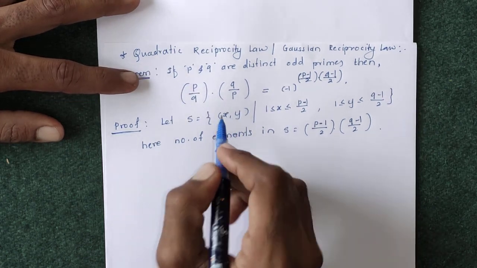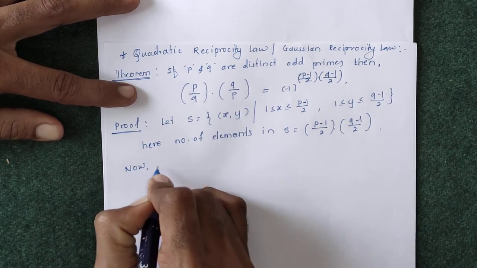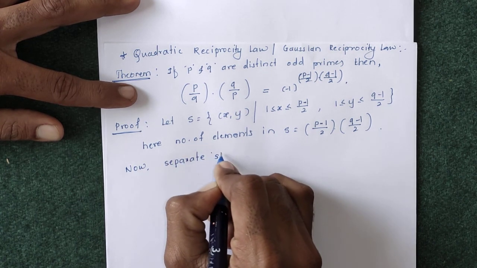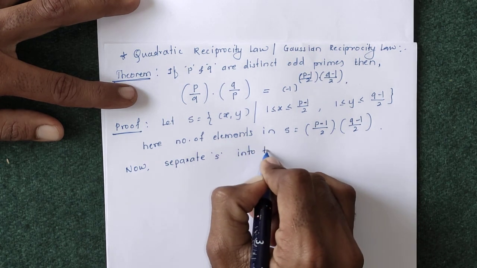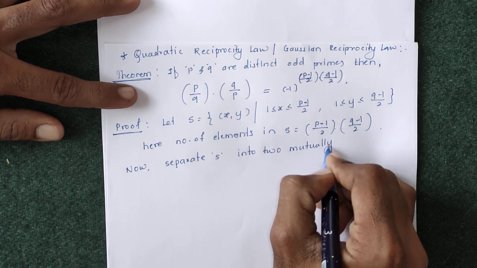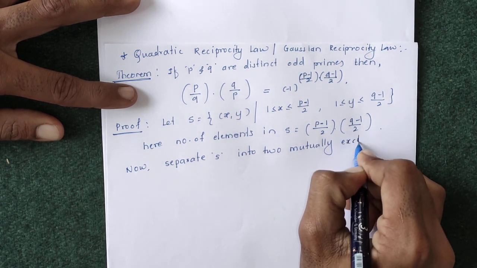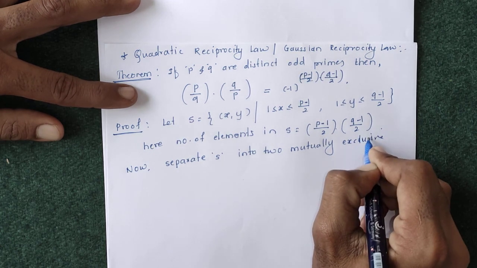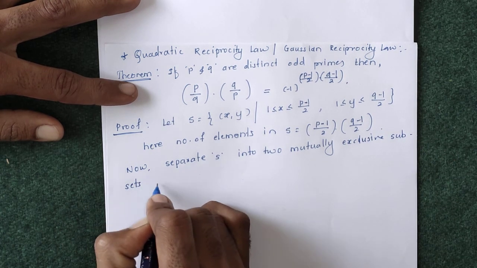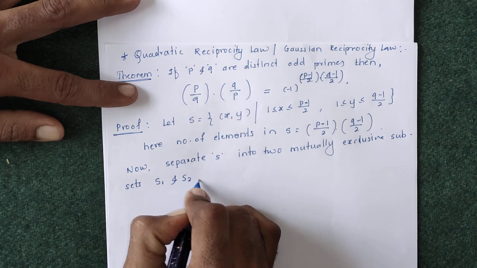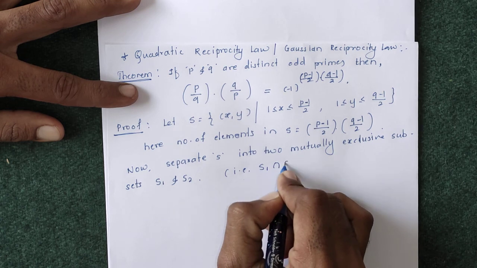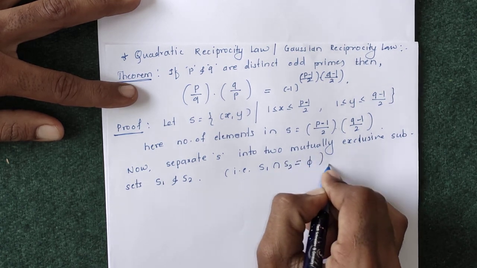Now separate this set S into two mutually exclusive subsets, suppose S1 and S2. Mutually exclusive means the intersection of S1 and S2 is empty.